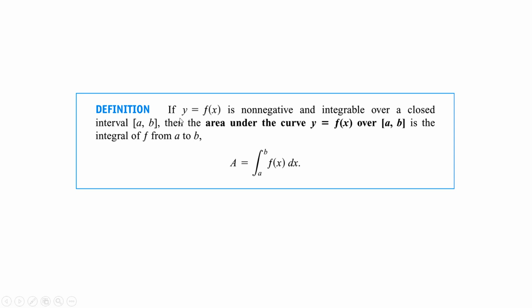Okay, next definition, area under the curve, which we talked about in previous slides as well. So we are now going to define it in a formal way. If y equals f(x) is non-negative and integrable over a closed interval [a, b], then the area under the curve y equals f(x) over the interval [a, b] is the integral of f from a to b, because this integral is the limiting value of the Riemann sum, and we used the Riemann sums to find or approximate the area under the curve above the interval.